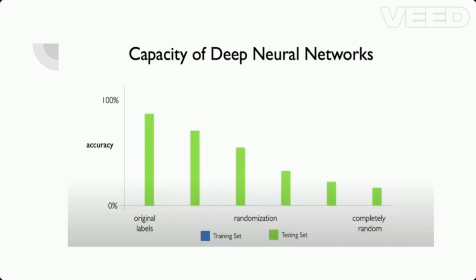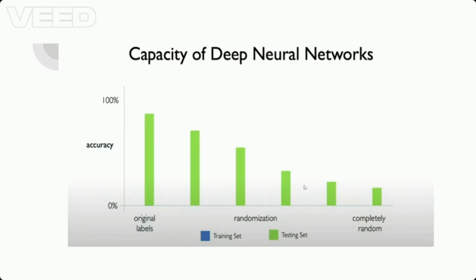How they set up the training is that they measured accuracy from the original labels all the way to a completely randomized label. As you can see in the graph, as the randomness increases, the accuracy decreases.